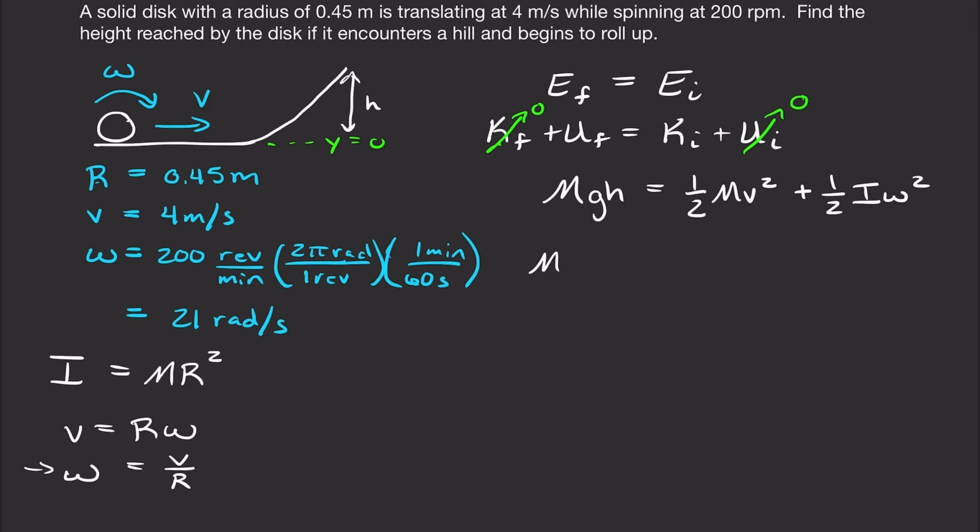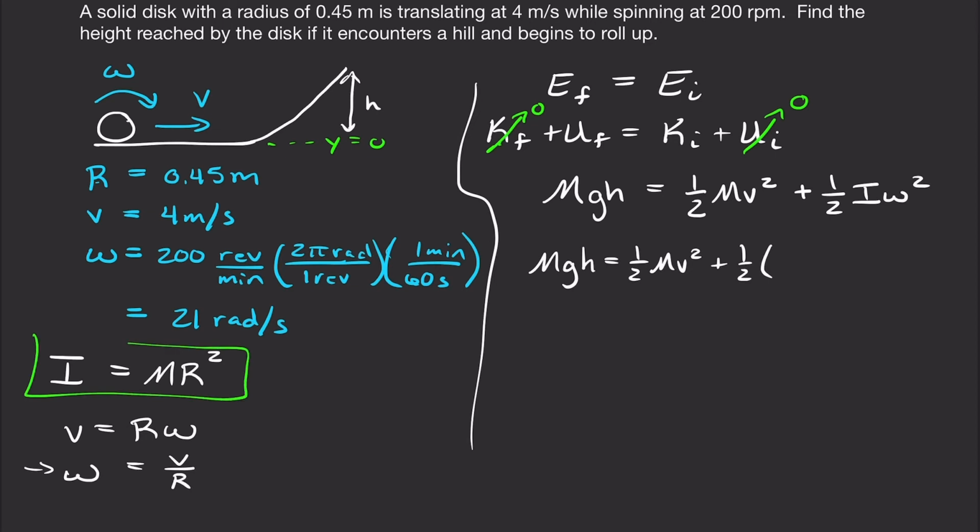So now we get mgh is equal to 1/2 mv squared plus 1/2. We'll substitute in for our moment of inertia and get mr squared, and then again for our omega and get v squared over r squared.